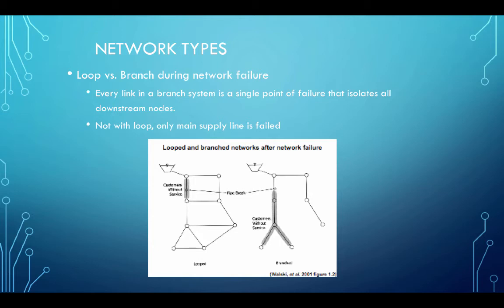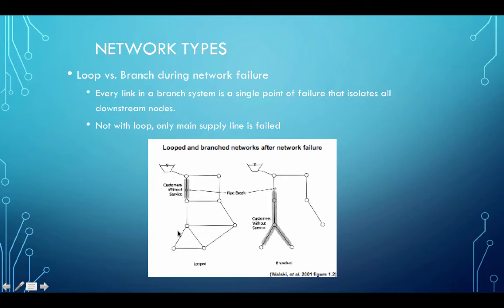Both would work if everything's working, but if this particular main right here were to fail, everything downstream of that is denied water. So if these were important people, you'd lose them all. I guess that's one way of doing urban renewal. In this case, if that same main breaks in the loop system, only the customers immediately along the portion where the break occurred would be denied water.